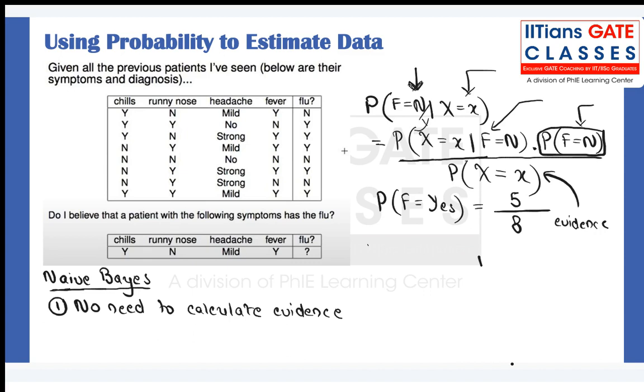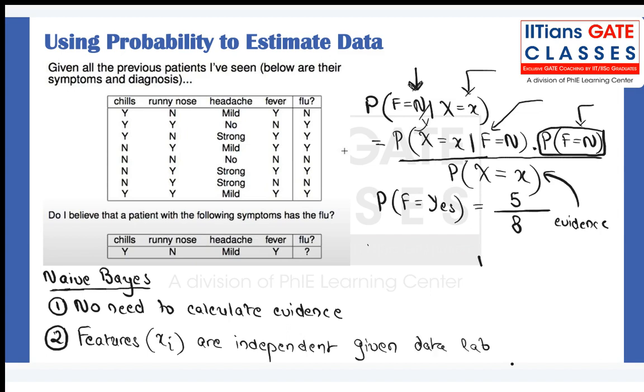The second observation that he had was that the features, which are your xi's, are independent given the data label.